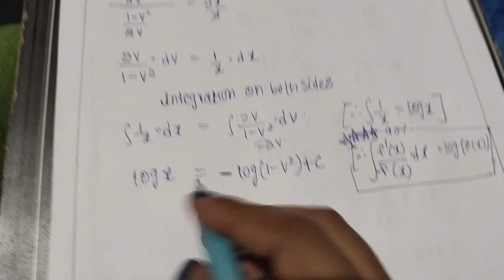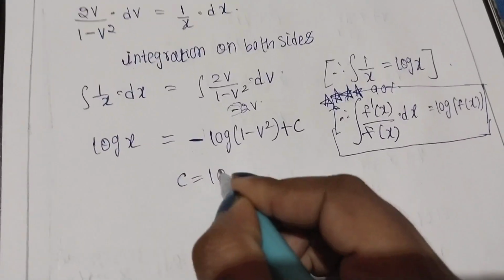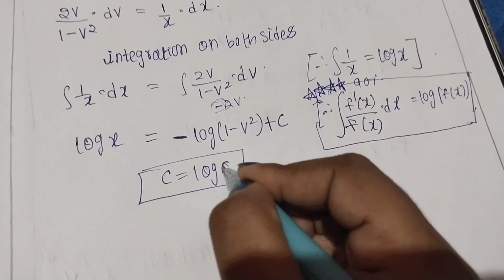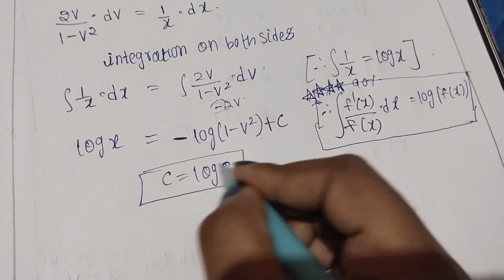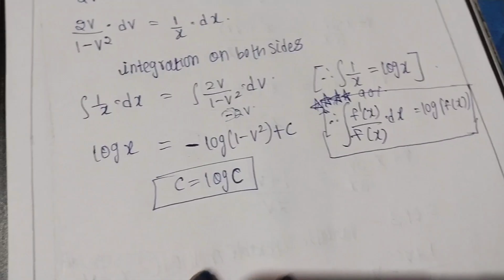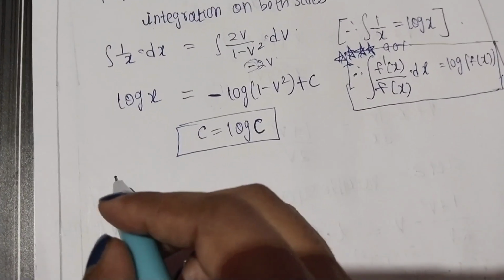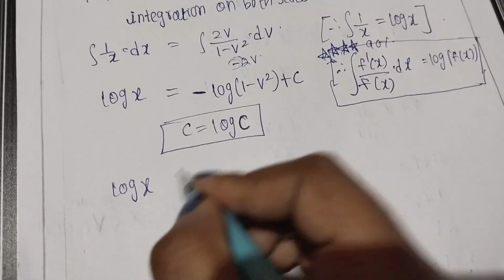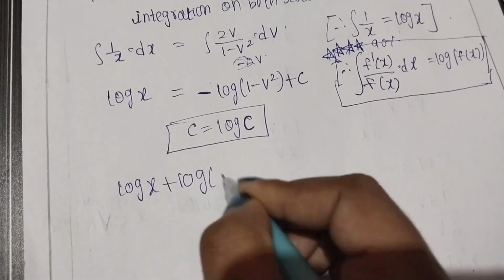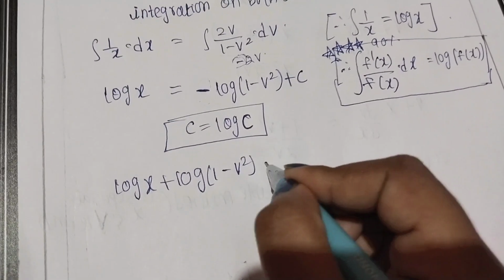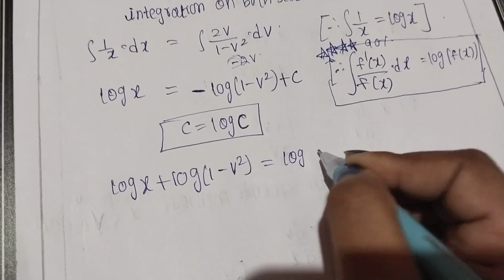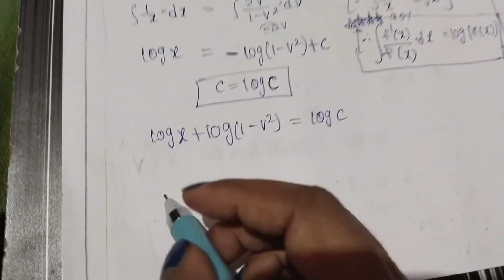So now c equals log c, which can also be called c, as log of a constant tends to c, which is another constant. So now log x plus log of (1 minus v square) equals minus log, plus log c only, log c.